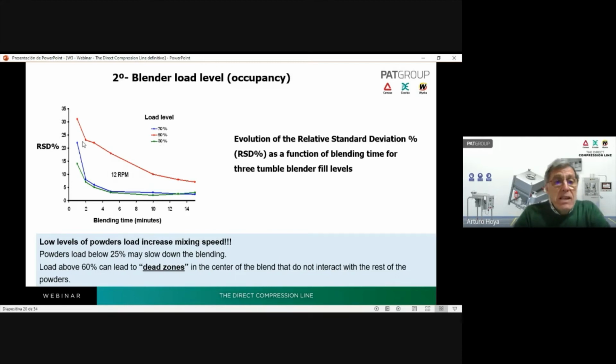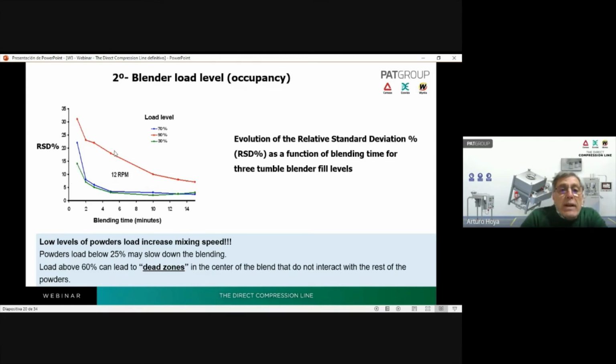As you can see, when the blender is overloaded at 90%, the uniformity improves slowly, the dispersion reduces slowly, and look, after 15 minutes it is still not uniform.